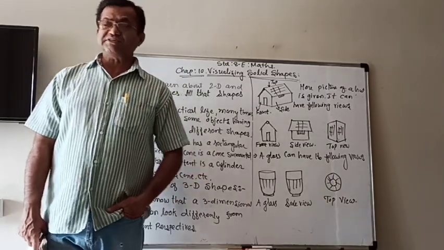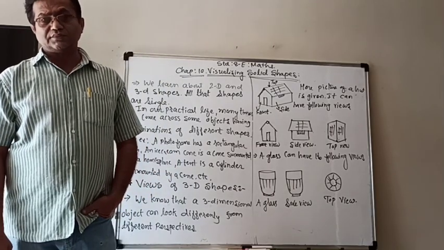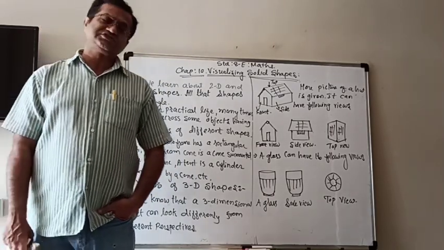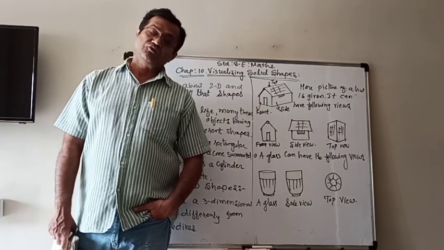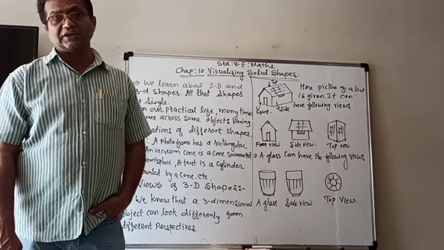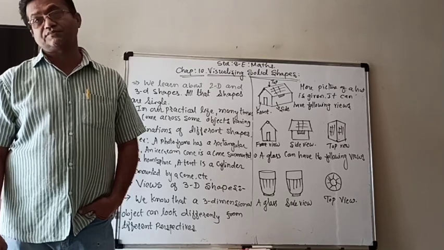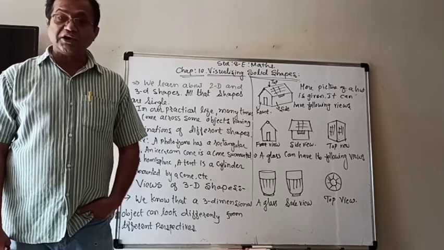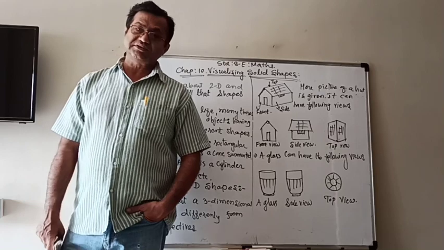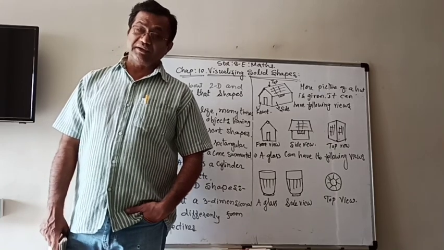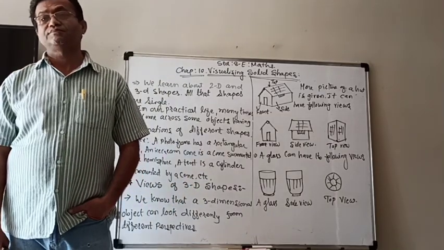In the last session, we discussed which are the two-dimensional or three-dimensional shapes. Why are they called two-dimensional? Like triangle, rectangle, square.